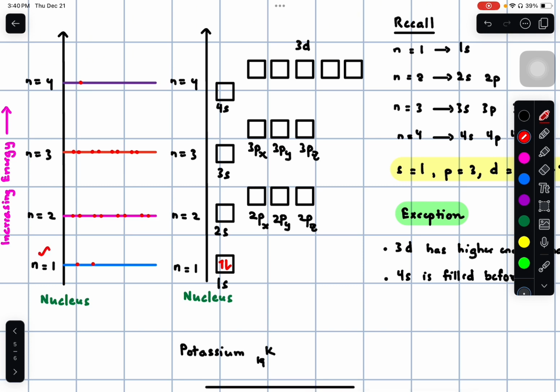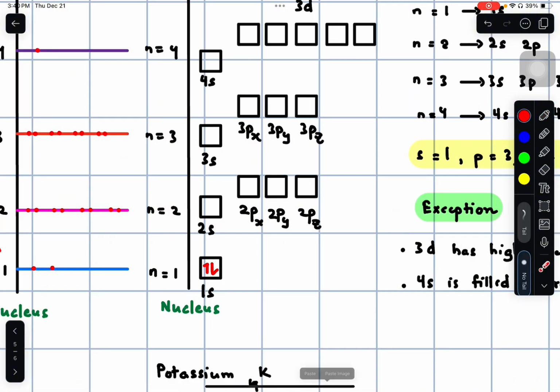Let's fill in a higher energy level. The 2p subshell is at a slightly higher energy level than the 2s subshell. That's why we're going to fill in 2s first. 1, 2. Now, at n equals 2, we still need to fill these up. Most students would make the mistake of filling them up this way.